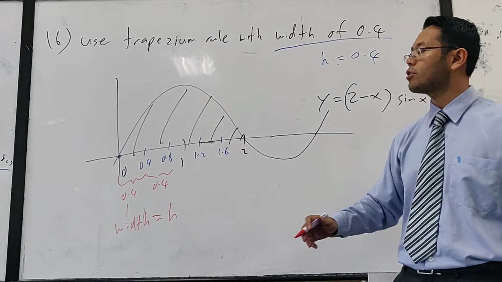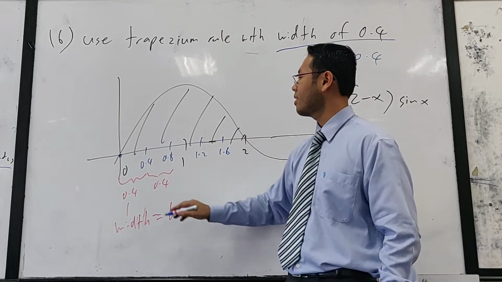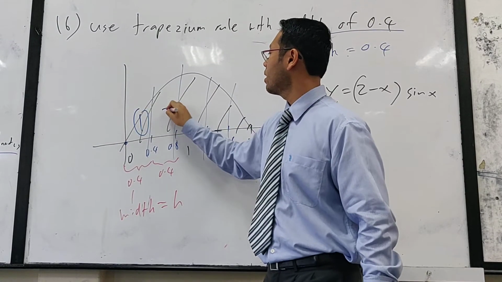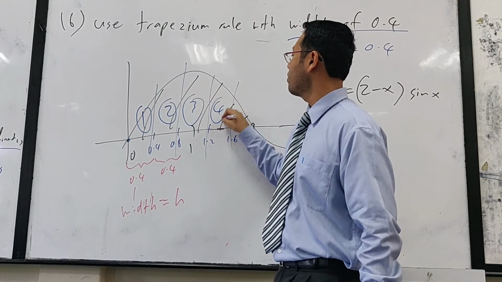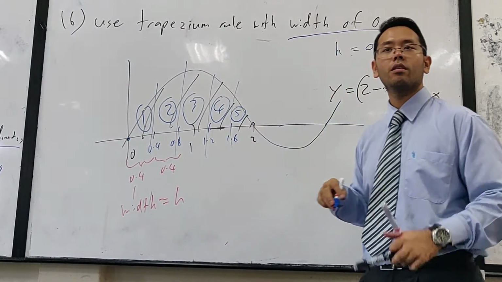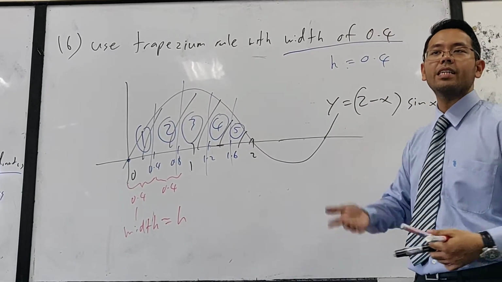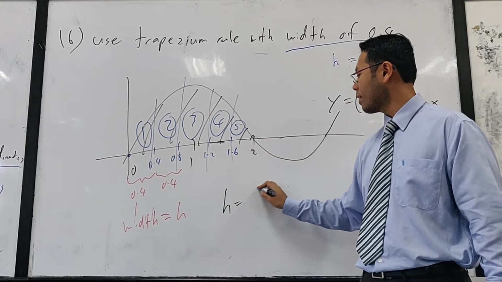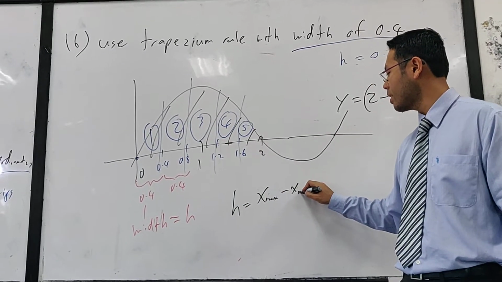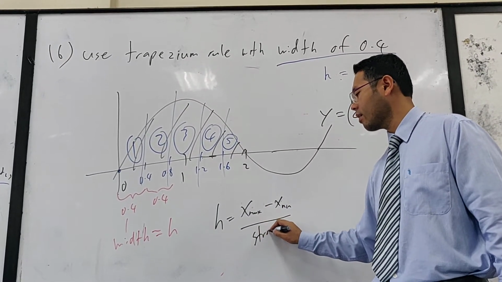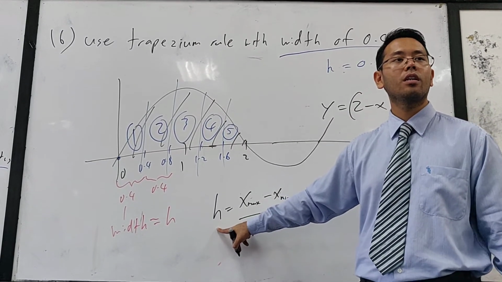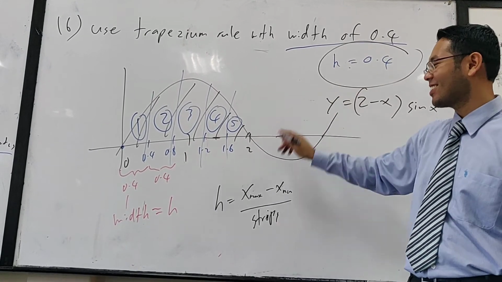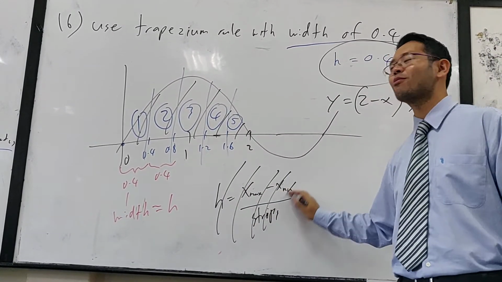Okay, so it means here how many strips? One, two, three, 4, 5 strips. Okay, but still, is it necessary for us to find the strips? Well, you use the strips if you want to find the x max minus the x min over strips, which then gives you h. But then again, you already have h. So it's not really necessary.